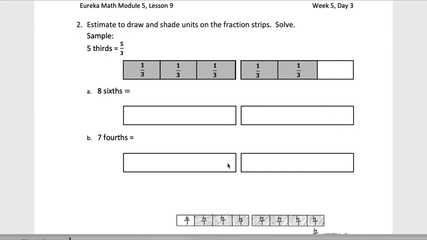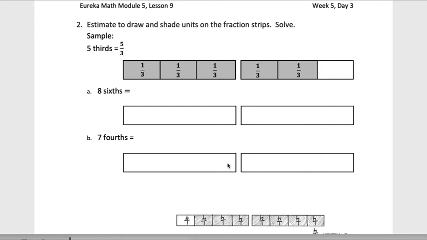We break it apart into thirds. So we have 1, 2, 3, 1, 2, 3. So each figure has thirds. How many total thirds are there? There are 1, 2, 3, 4, 5, 6 total thirds for 2 figures. And you're shading in 5 of those thirds.